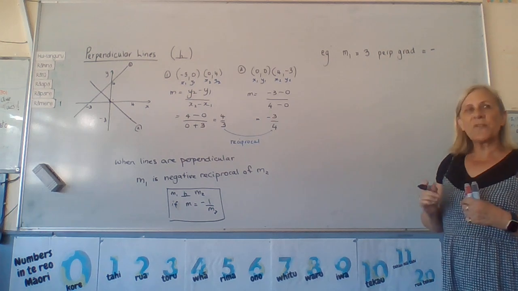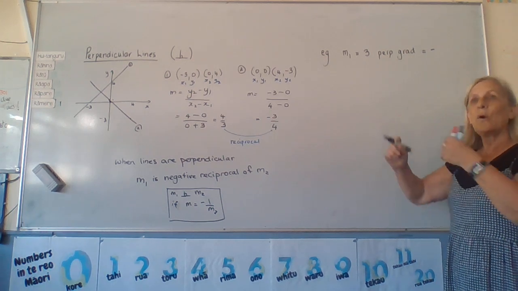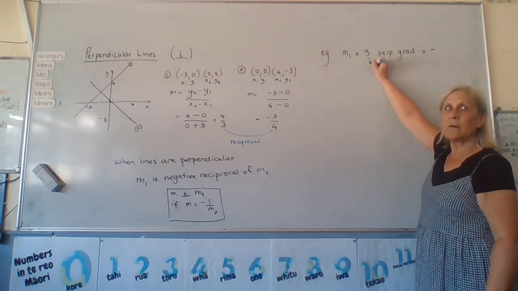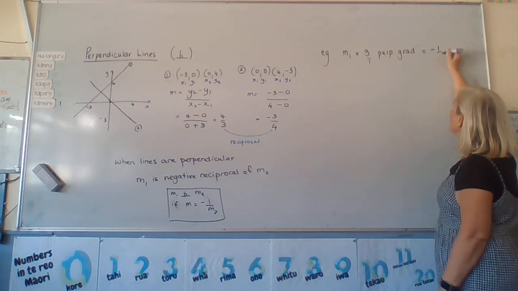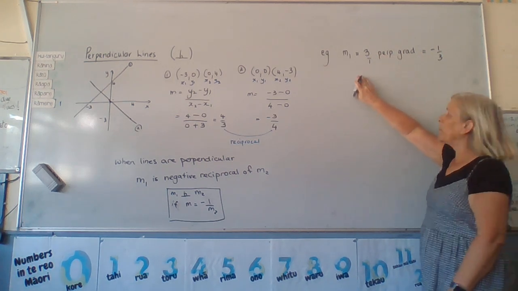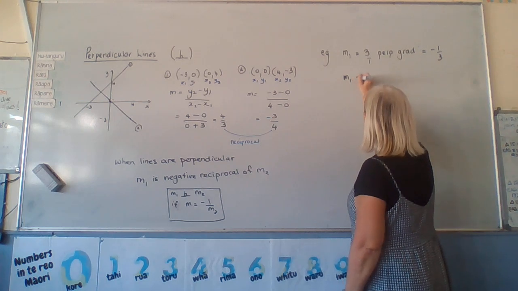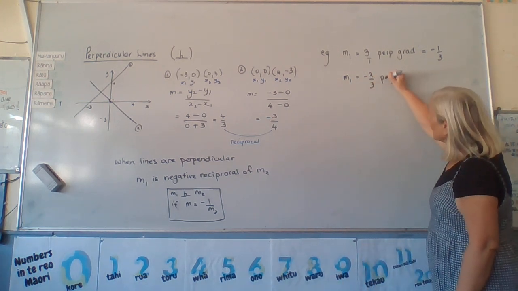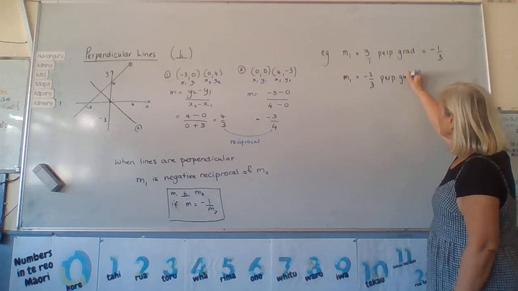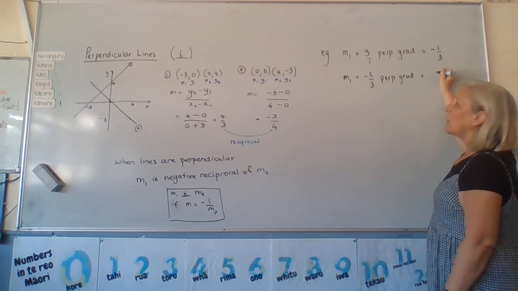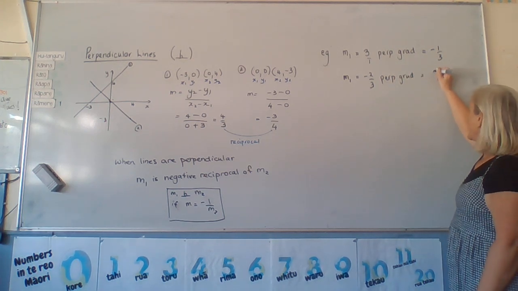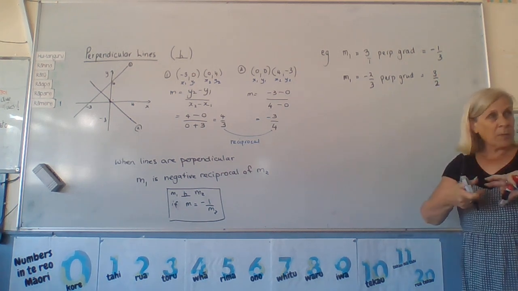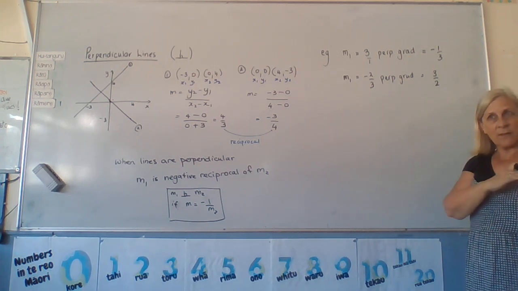And the reciprocal of 3 is, if I write it as a fraction, 1 over 3. Harder when it's a whole number. If M1 equals -2 over 3, the perpendicular gradient is going to be positive, yep, and 3 over 2. Okay, so we just turn them over, swap the sign.